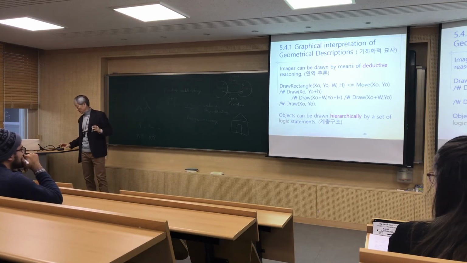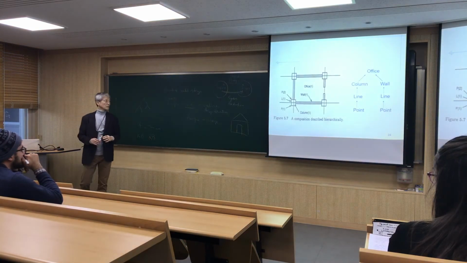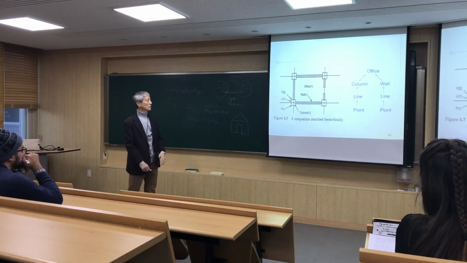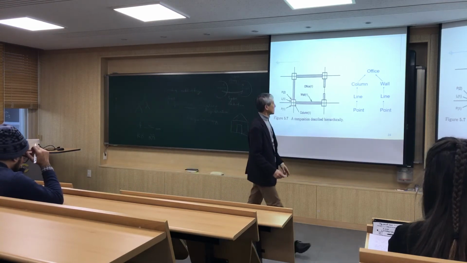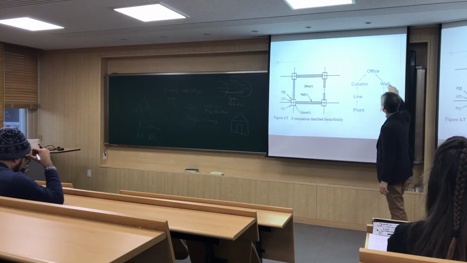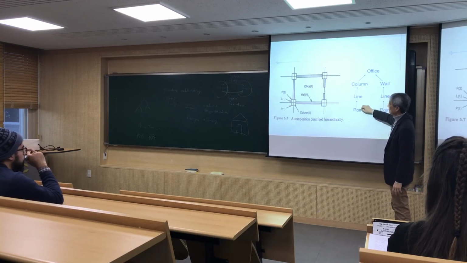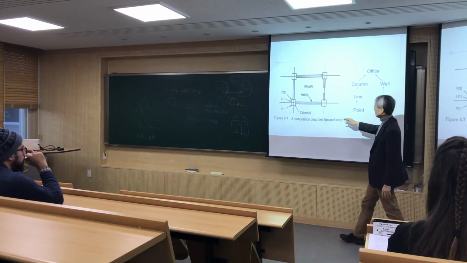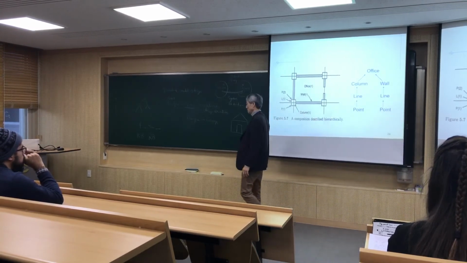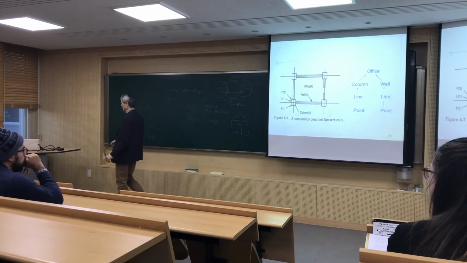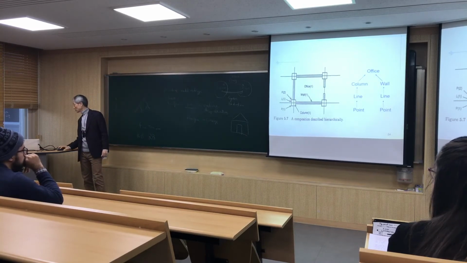All of this is simple, like this one. So the hierarchy of this office or house is made of columns and walls, made of lines and points also. A column is also made of lines and points. So very simple graphics is made of hierarchical and simple components.